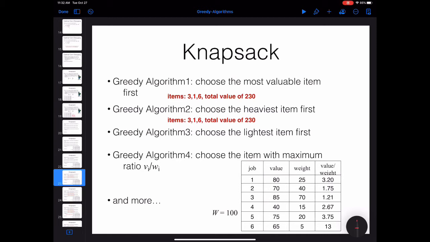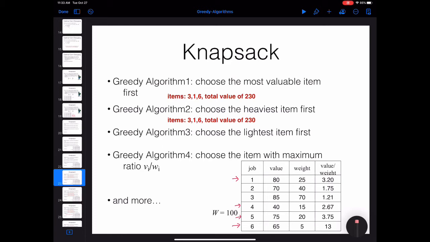The lightest one based on the weight is going to be 6, right? And then after that, you are going to choose 4. And then after that, you are going to choose 5. Still you are going to have 60, so still you can take 1, right?